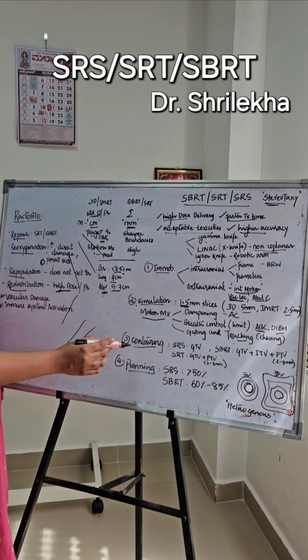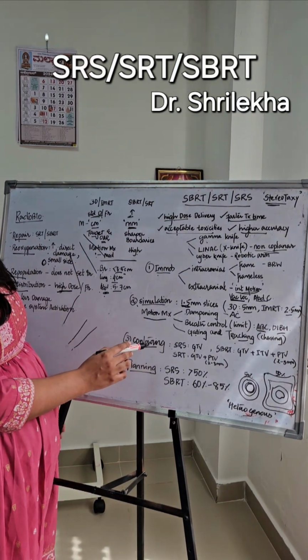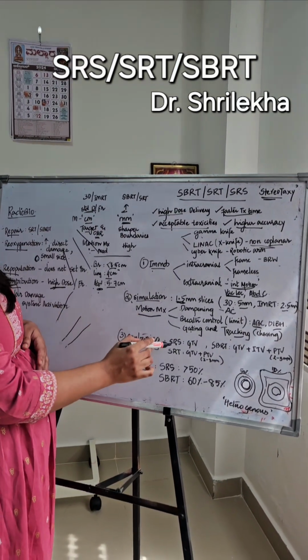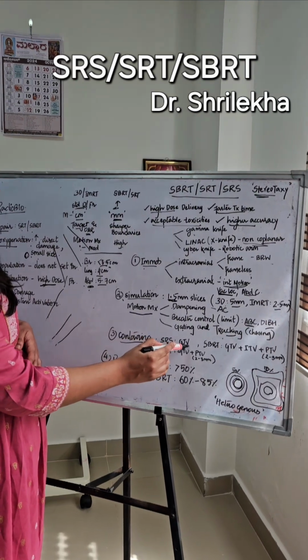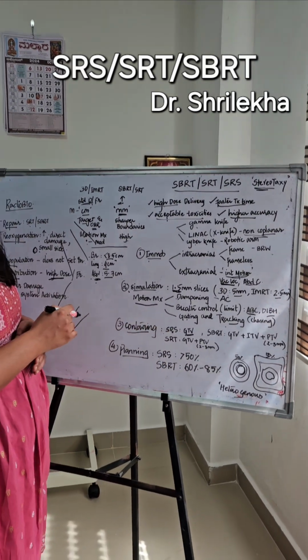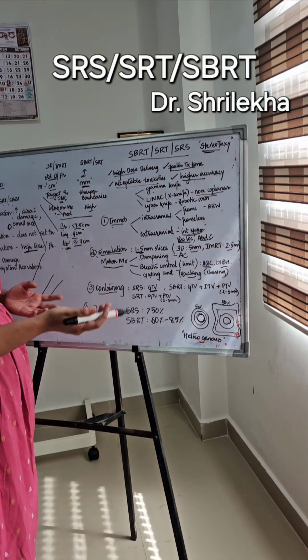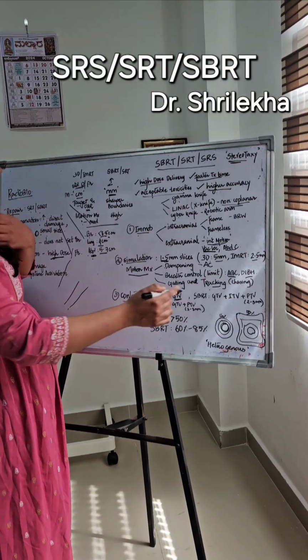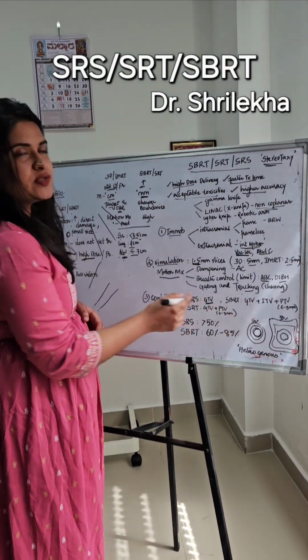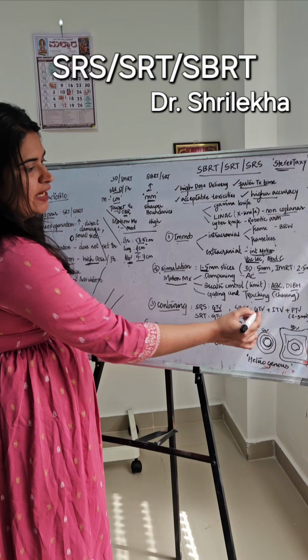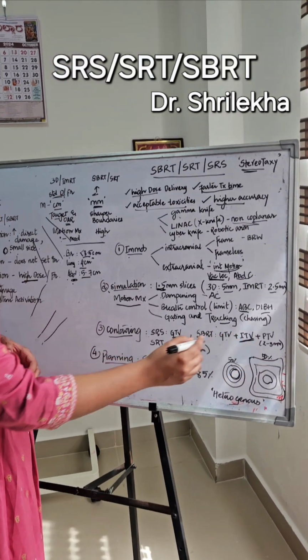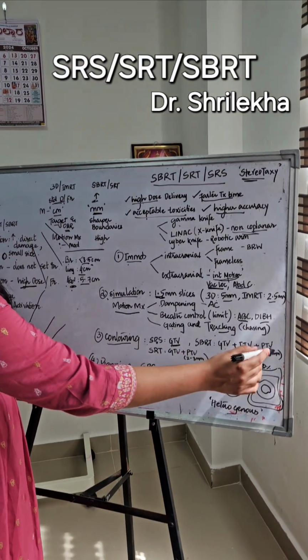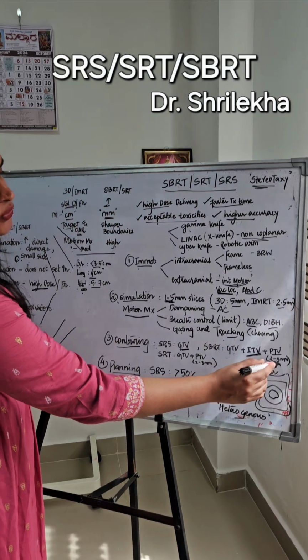Next, coming to contouring. As we know, there is GTV, CTV and PTV, but in SRS there will be only GTV, since we do not want a margin. In SBRT, because of motion management, we can include an ITV, that is internal target volume, and a PTV with a margin of 2 to 3 mm.